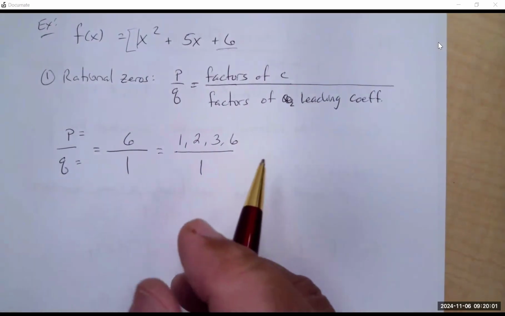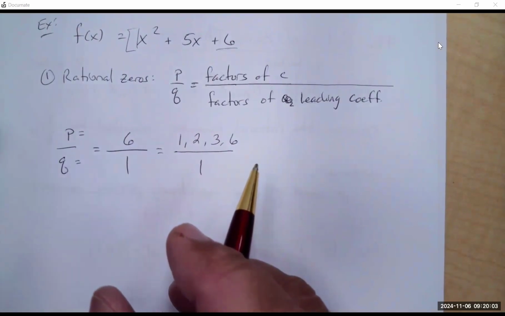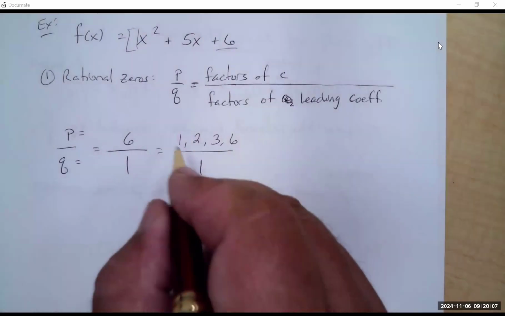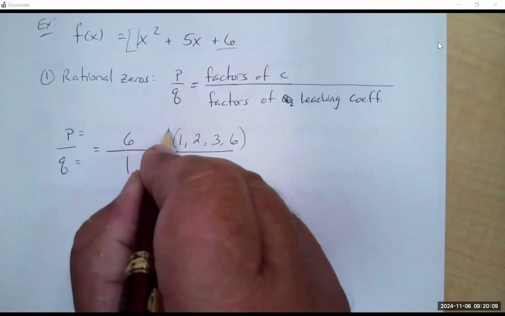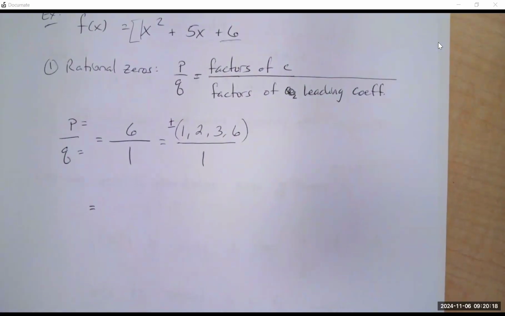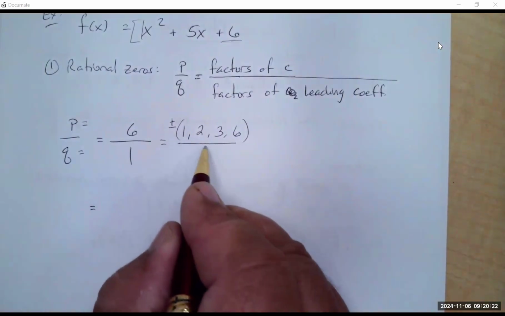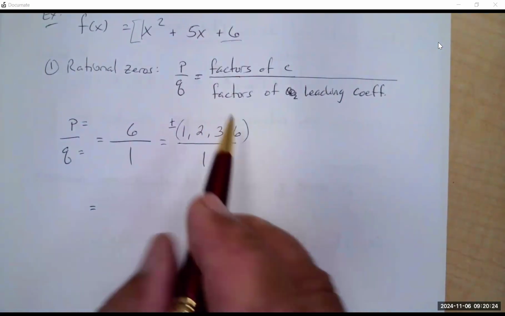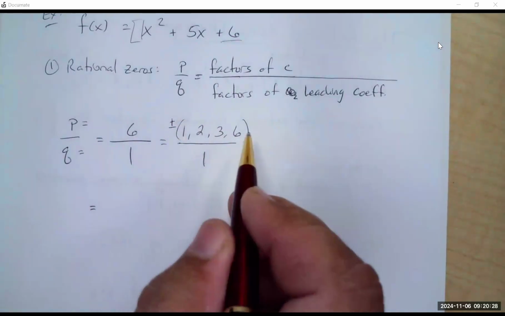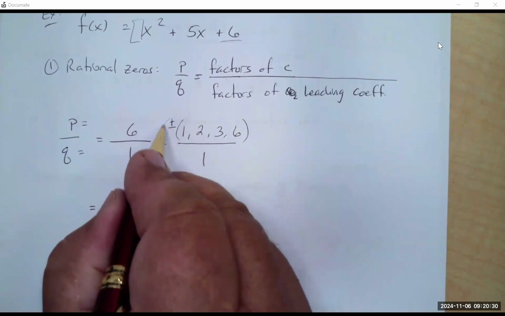Now, do we know if they're positive or negative? Not yet, we don't. There's something we'll do later on that's going to tell us if they're positive or negative. So with these, we have to look at positives and negatives of each of them. So the rational zeros are the fractions. We have 4 on top and 1 on the bottom. That's 4 possibilities, and they can be positive or negative.